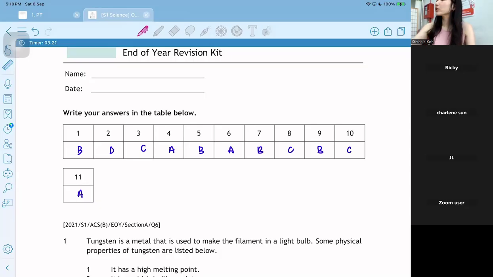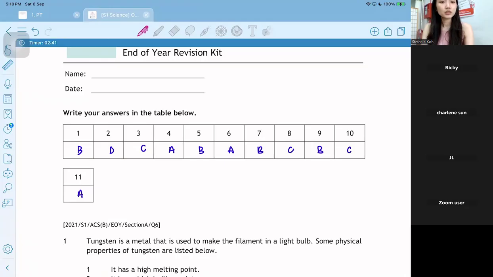So what questions should we go through? Those that I've already marked and you've checked your answers, you're not sure at all why the answer is like this. The common ones I saw were question 4 and 6. Any other questions? 7 as well. Anything else? 10. 1, 7, 8, 10.